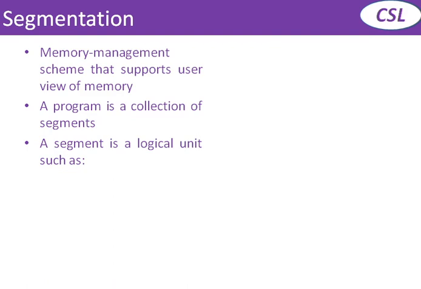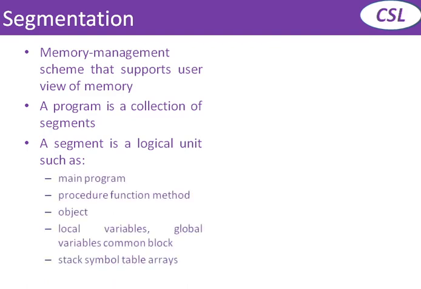A logical unit means a main program, procedure, function, method, object, local variables or global variables, stack, symbol table, etc. You treat one logical unit as a segment and divide into those segments. Any segment consists of the complete code of that part. That is the main difference between paging and segmentation.